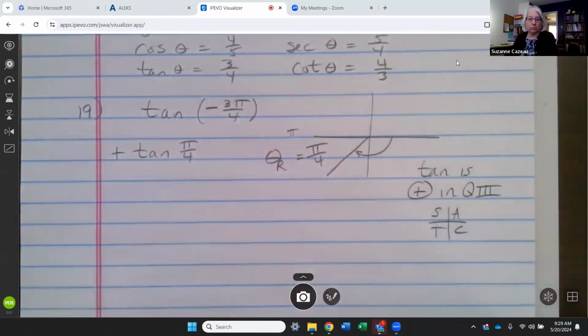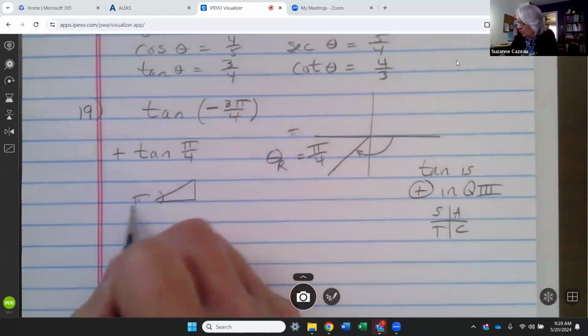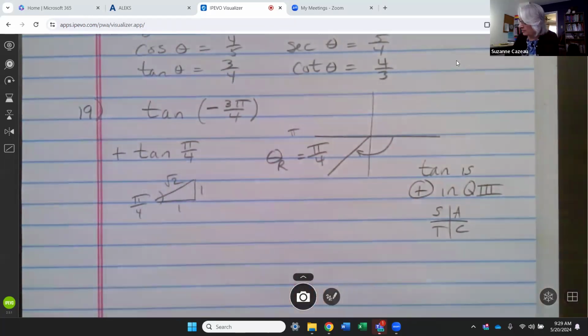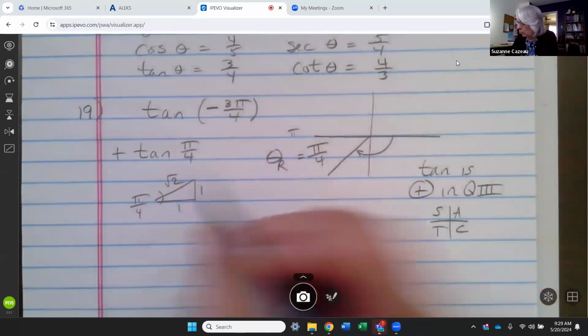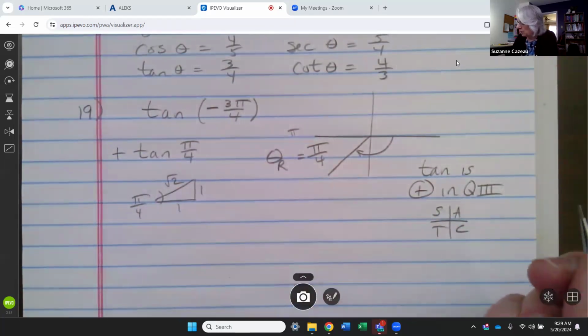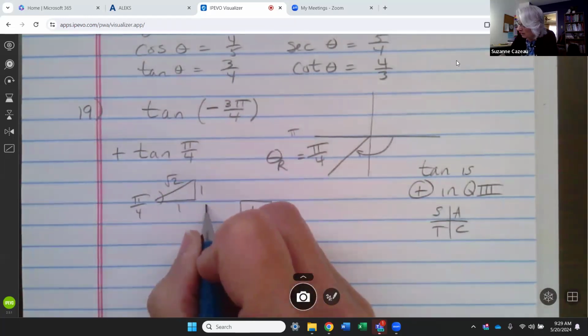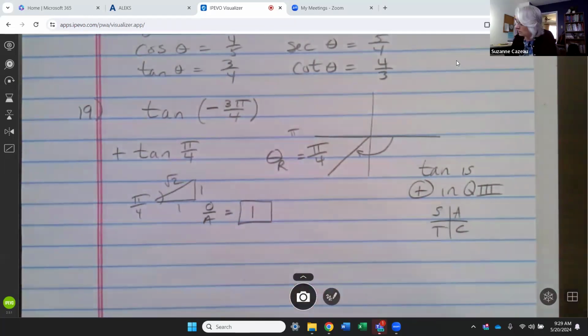Well, I know that triangle. Pi over 4, we got 1, 1, root 2. Probably have that memorized. And so the tangent of pi over 4 is just 1 over 1, which is 1, opposite over adjacent.